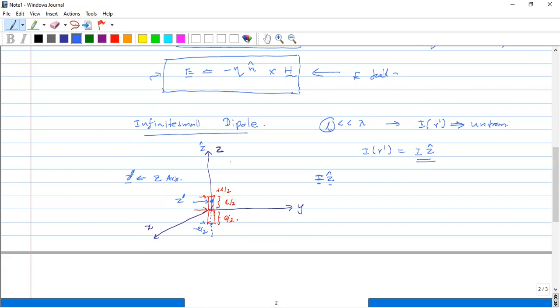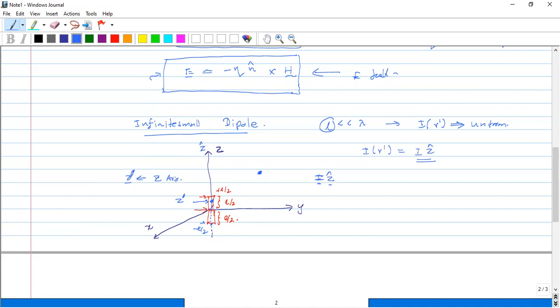And what are the other things we should consider? Now you are going to find the far field radiation. So you have to consider a far away point like this.